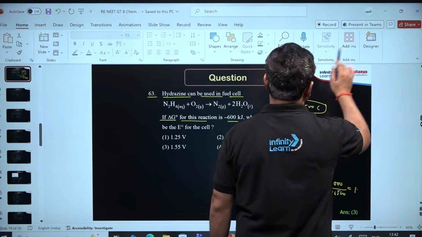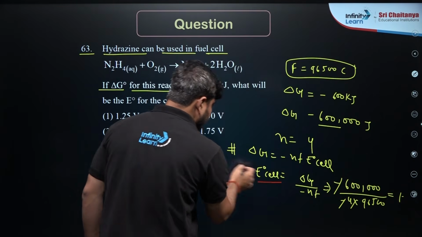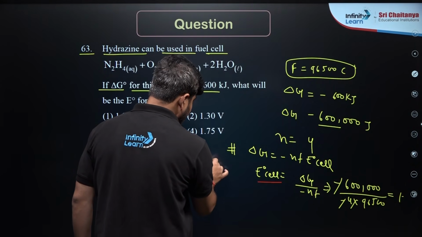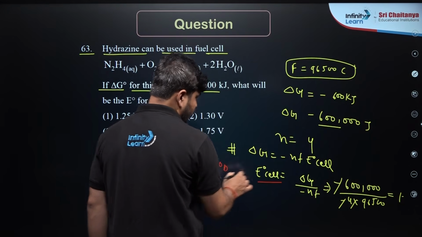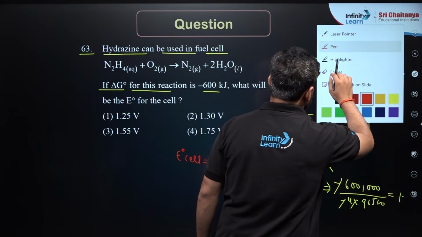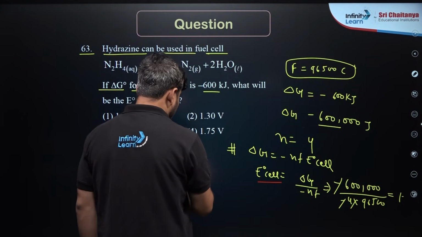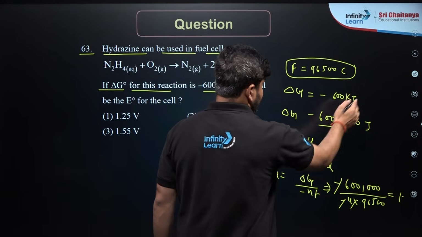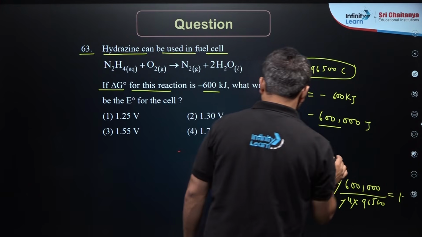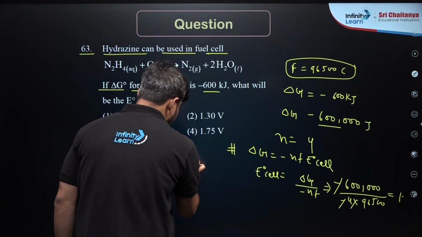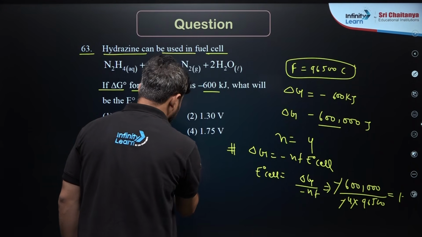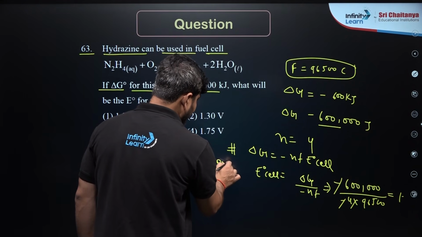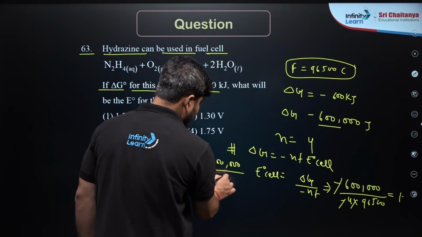Let me solve this one again so you can see it one time. E naught cell equals 600 times 10 to the power 3 divided by 4 into 96500.